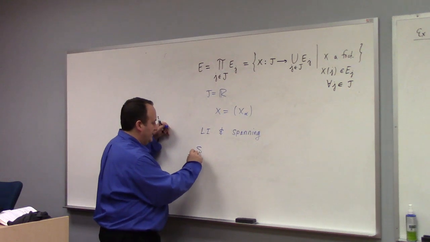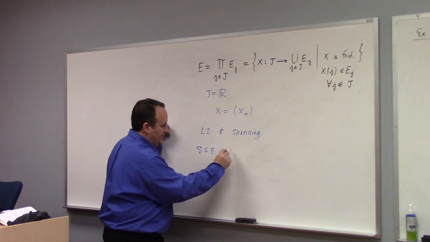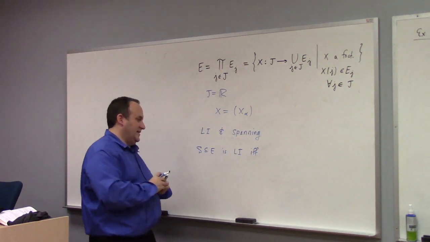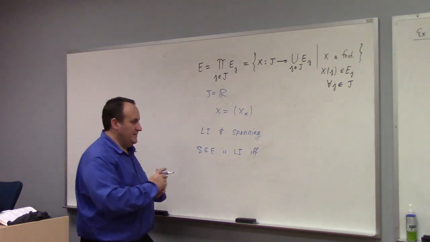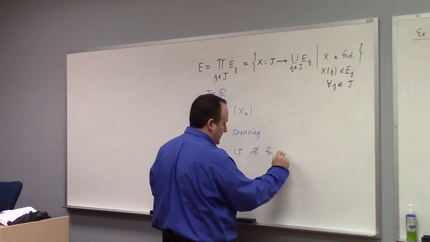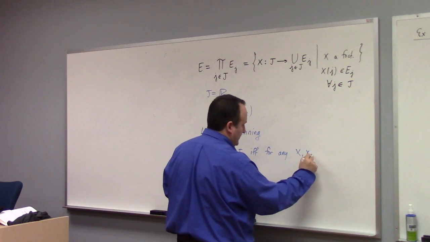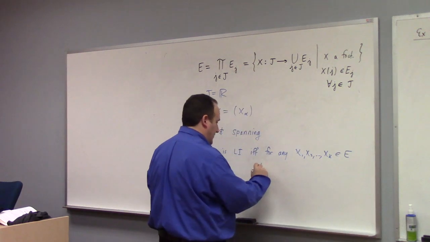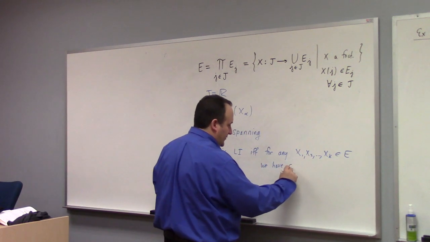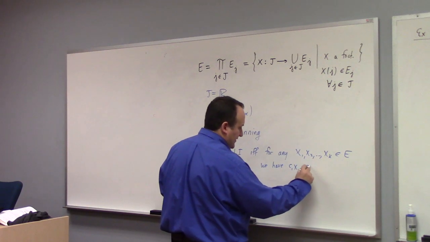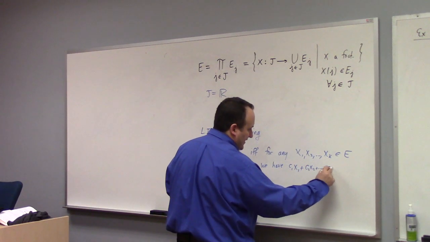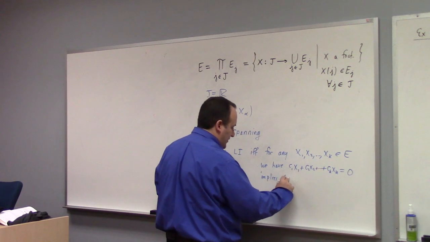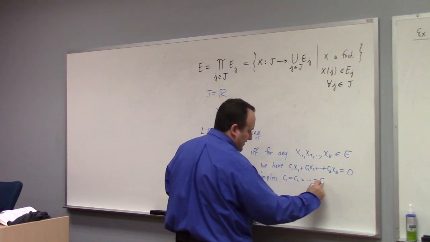A subset S of E is linearly independent if and only if, for any x1, x2, ..., xk in S, c1x1 plus c2x2 plus ... plus ckxk equals 0 implies c1 equals c2 equals ... equals ck equals 0.